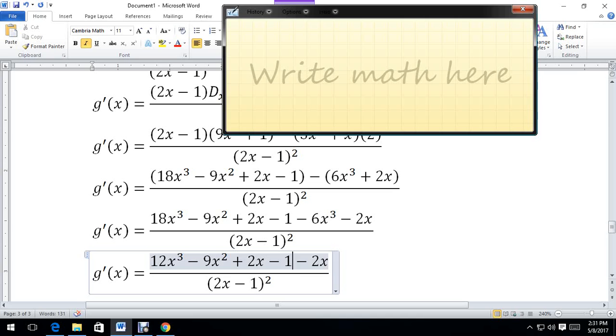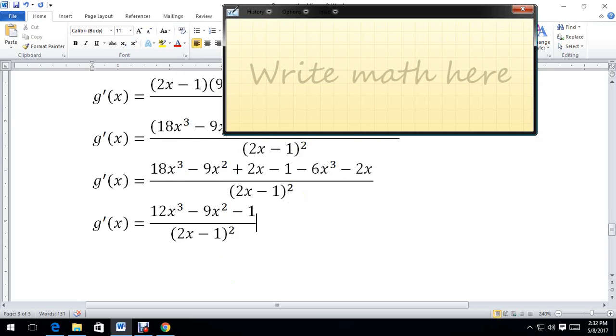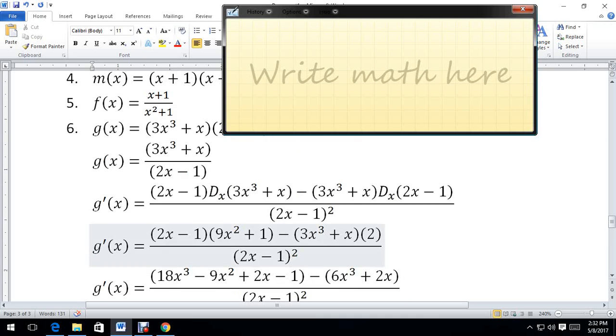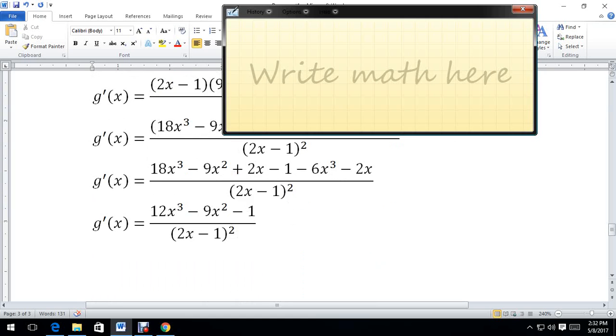We have also 2x positive and negative 2x, so this would cancel out. So finally, we have this form, 12x cubed minus 9x squared minus 1 over 2x minus 1 squared. Now, if you try to notice, we can no longer have any further simplification for this part, so which means our final answer for the derivative of the quotient of this expression here is this one.